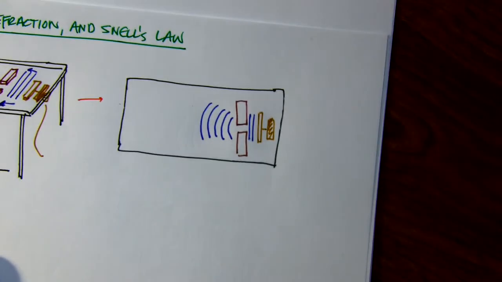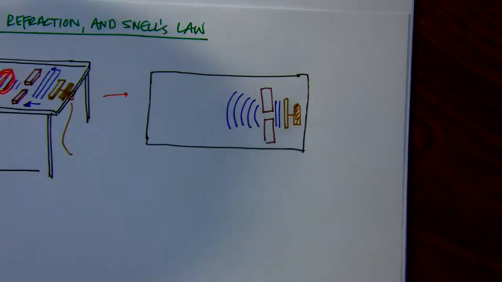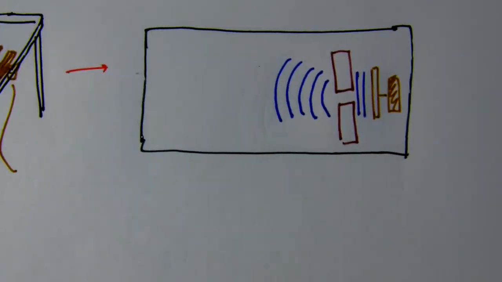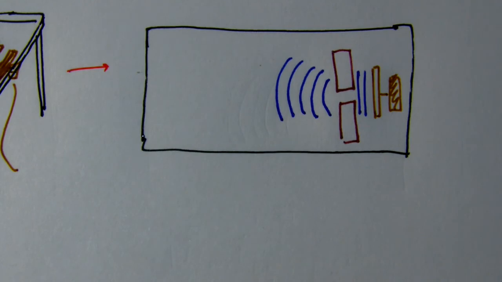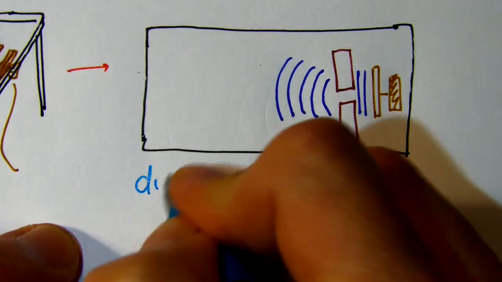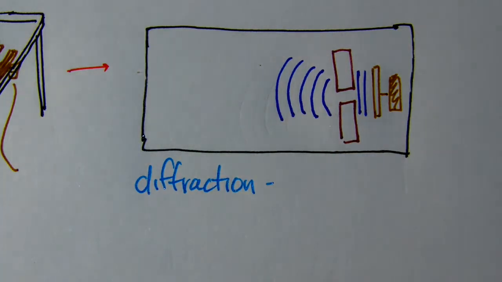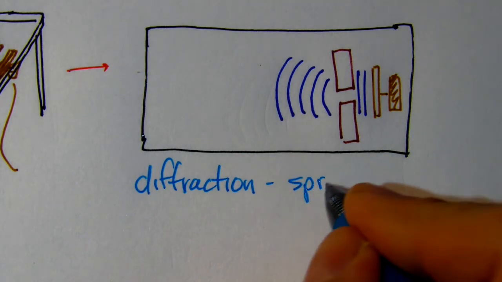Now, that hardly seems to make sense, but that's the idea of a phenomenon. It's unexplained. It doesn't seem to make sense. So what's going on here? Well, first of all, that concept is called diffraction, and it is a spreading of waves through an opening.